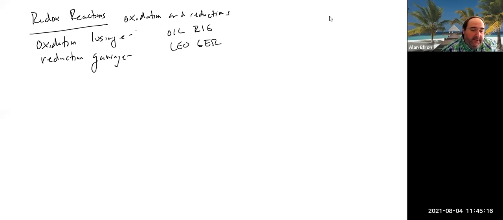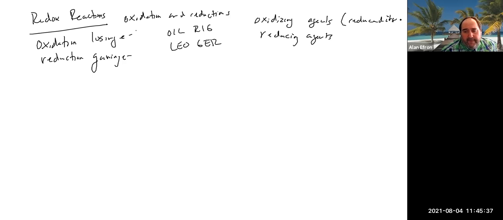Don't forget though that we also talked about oxidizing agents and reducing agents. And remember that the thing that is the oxidizing agent is actually getting reduced itself, and the thing that's the reducing agent is the thing that is getting oxidized itself. Remember, they're called the agents because they cause that effect in the opposite species.